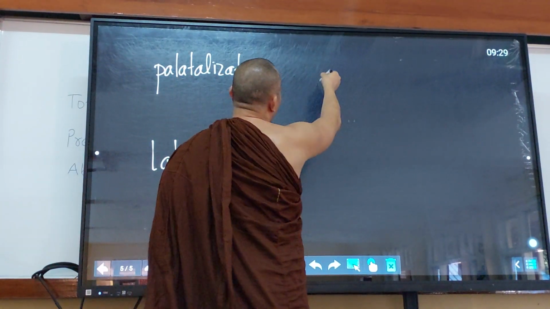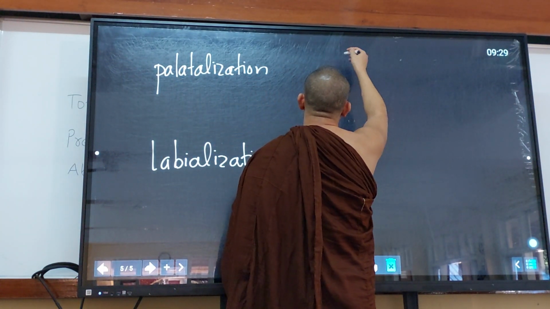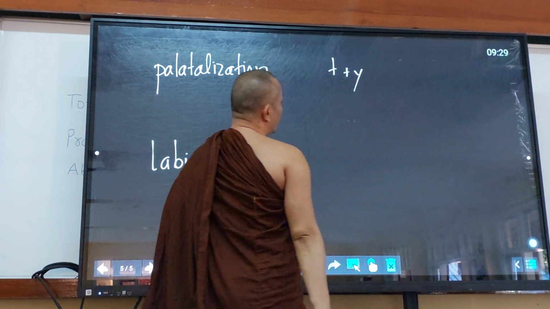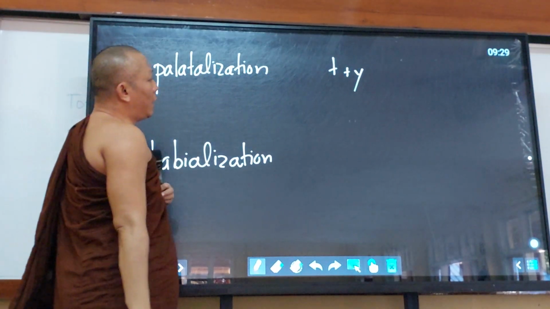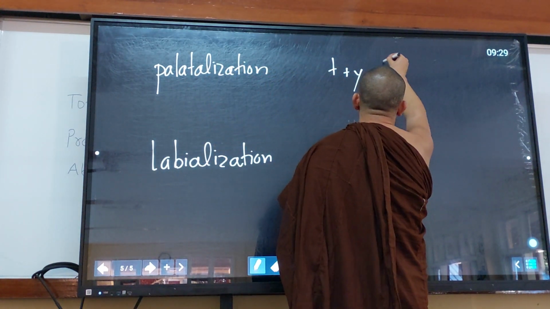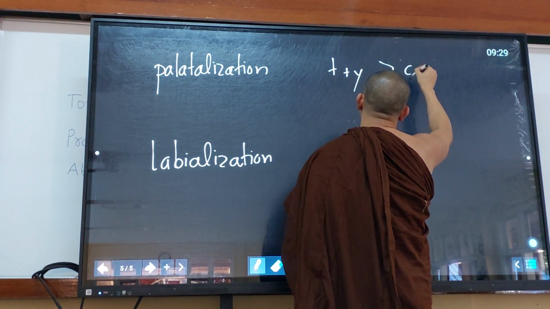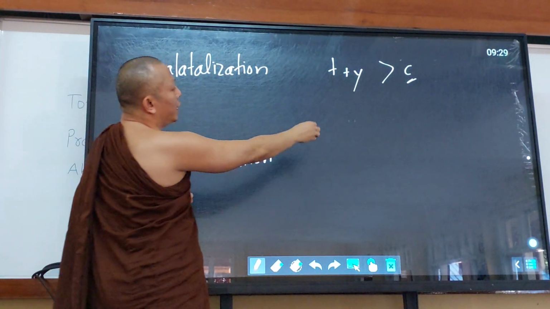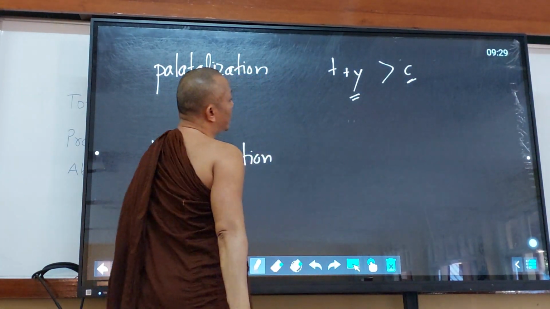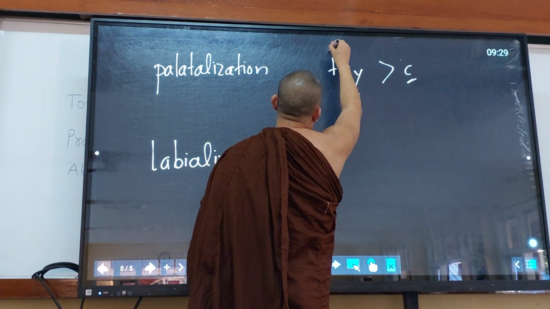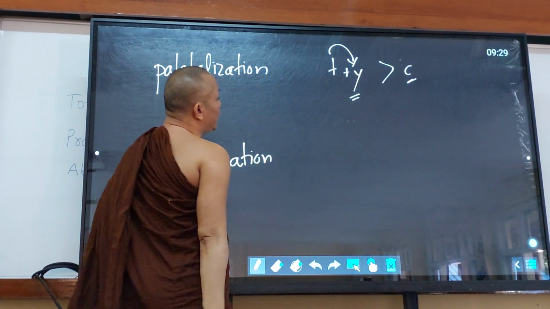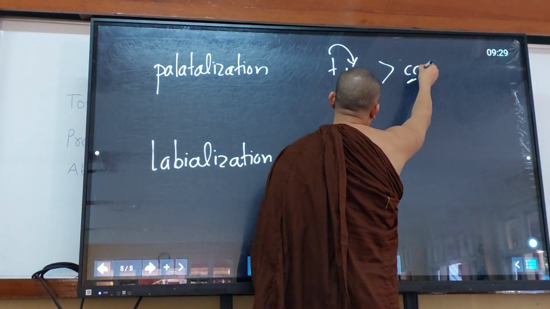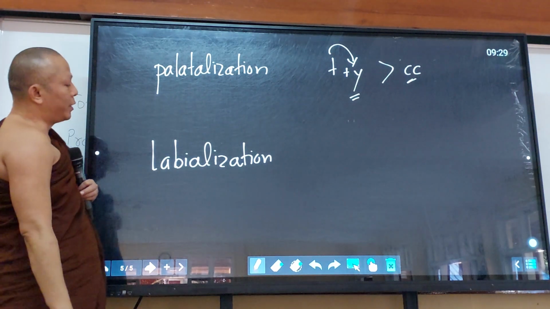Commonly those dental groups like da, na, joining with ya, so dya. When we pronounce it quickly it becomes ja. Ja is a palatal sound, but that was formally a dental sound, because ya is also a palatal sound. So da becomes ja in this way. Such a change is called palatalization.